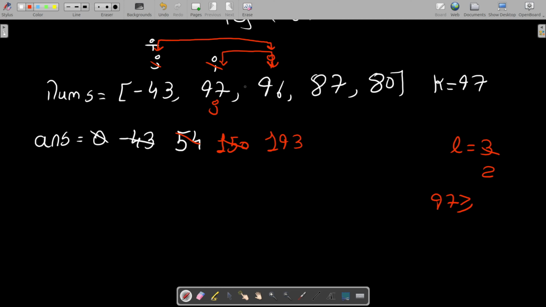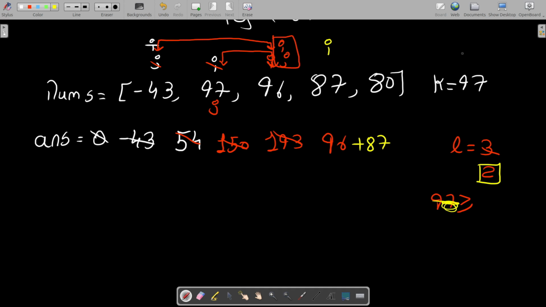So again we shrink, and our I is here, and we will get j as here. So if we subtract 97 from this, we would get of course 96 because I and j both are here. Now if I move I here, then we would add 97 plus 87, still our length remains the same, right?